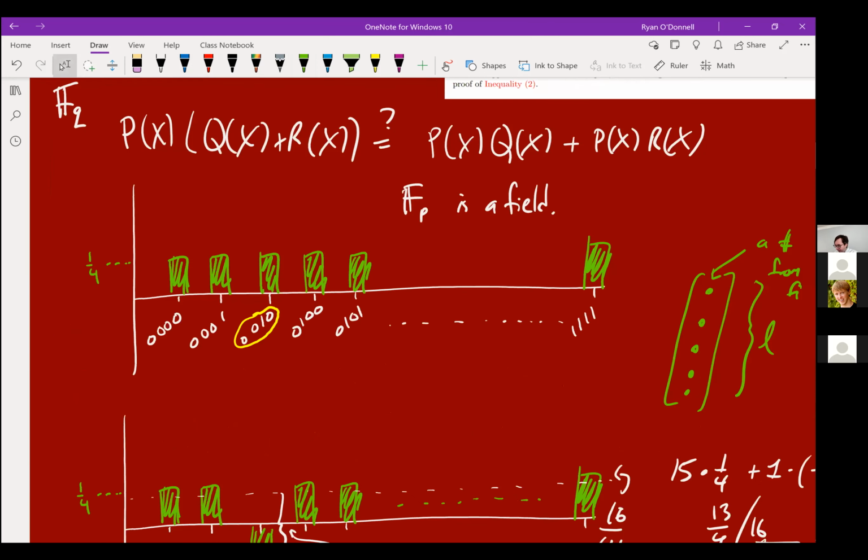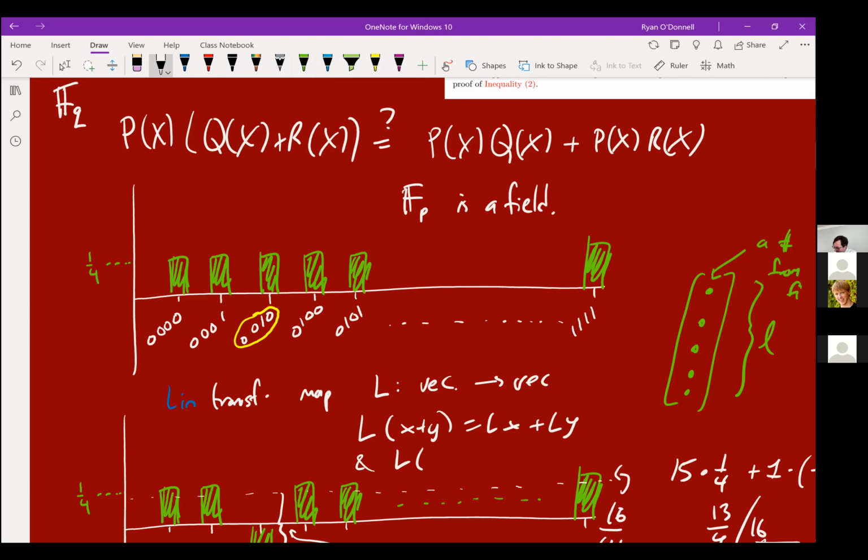You could say a linear transformation is just a map L that maps vectors to vectors and has the property that L of x plus y equals L of x plus L of y, and L of c times x is c times L of x. That's the definition of a linear transformation.